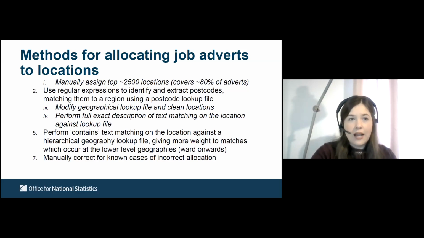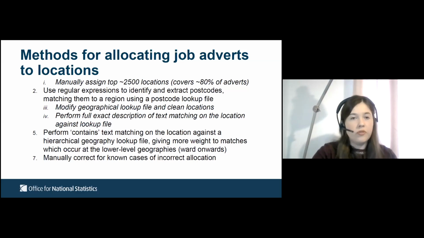So on this slide, I've included the steps for location matching that we've developed. Important to highlight here that the text that's in italics is not currently the method that we're using in terms of what we publish. So this is some additional development work we've done recently.